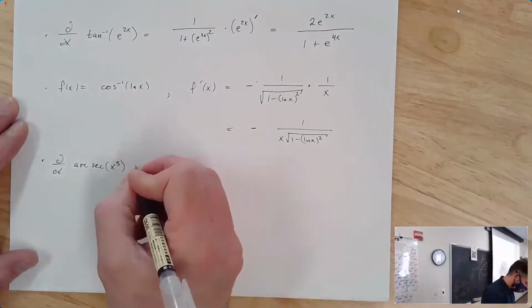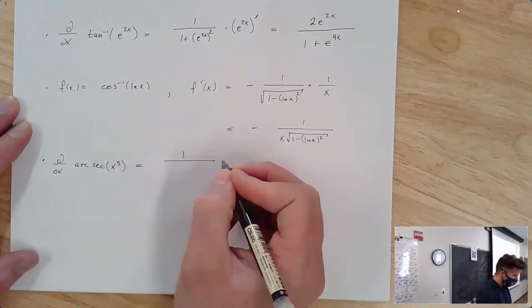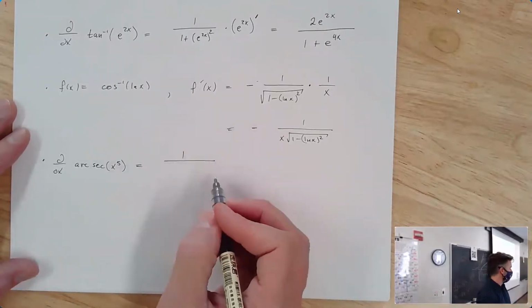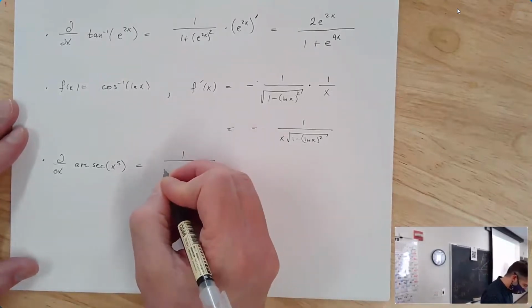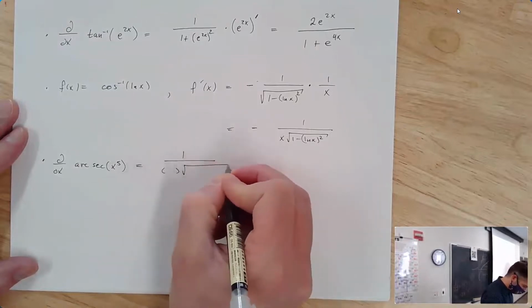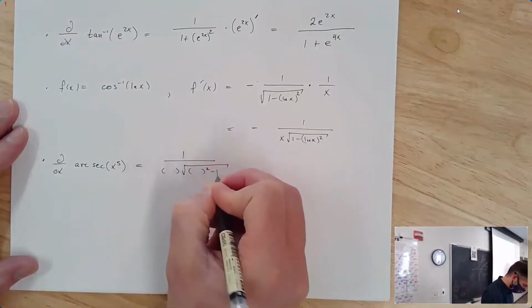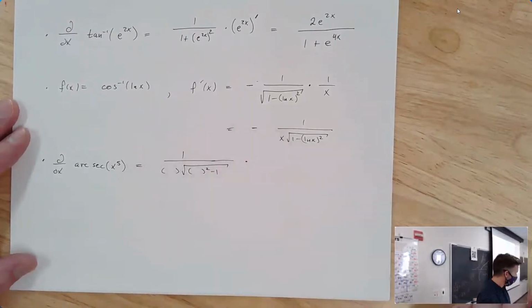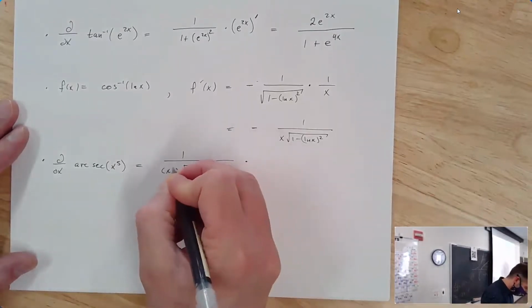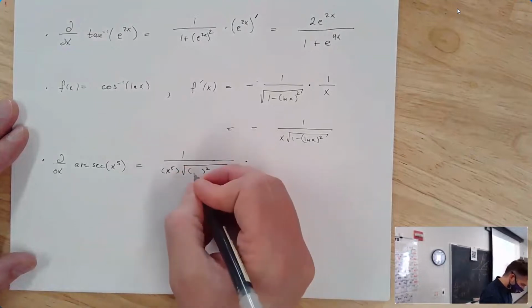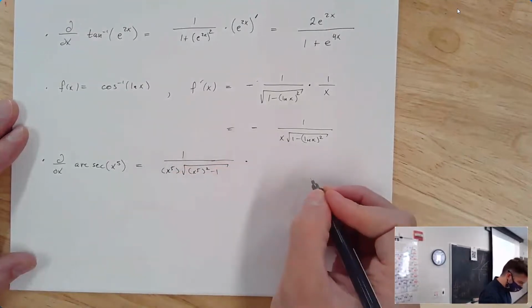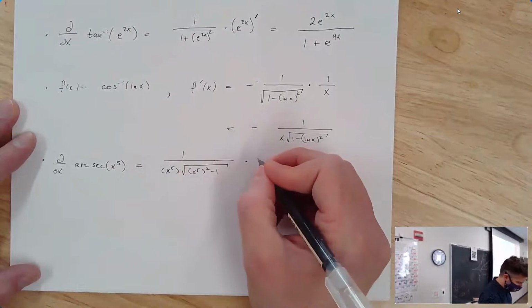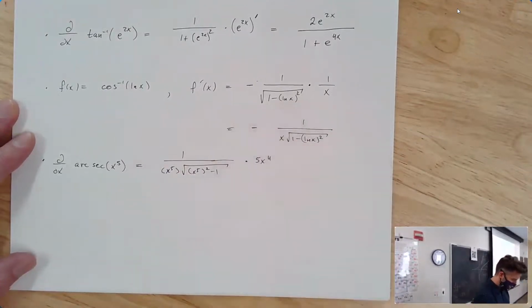So here, instead of x times the square root of x squared minus 1, it's going to be the stuff times the square root of the stuff squared minus 1, then times the derivative of the stuff. So it's 1 over x to the 5th times the square root of x to the 5th squared minus 1, times the derivative of x to the 5th, which is 5x to the 4th.